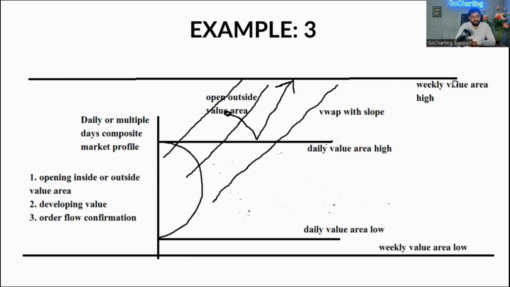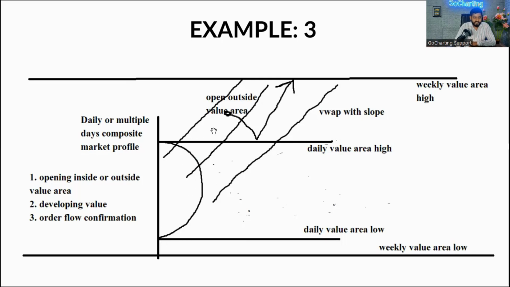Now tell me, if the market is opening here, this is opening actually inside the weekly value area. So according to weekly value area auction market theory, what is your hypothesis? Your hypothesis is that if the market is going to this level, it may reverse from here, because it's inside the value area, right? But now you have made some daily composite value areas.